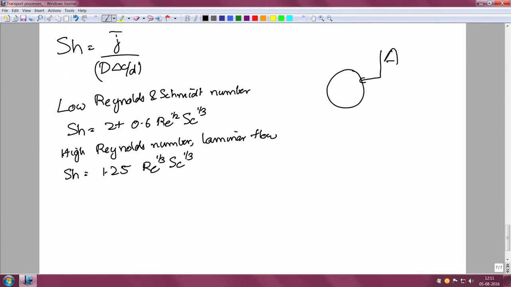So, at the microscopic level, if you know that the average flux is given by this kind of a correlation, then knowing the difference in concentration, the particle diameter, the diffusivity and all of the properties, the density, the viscosity, the velocity and so on, you can determine what is going to be the average flux on this surface.